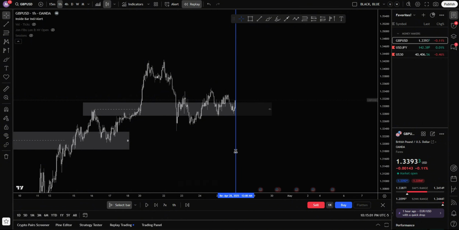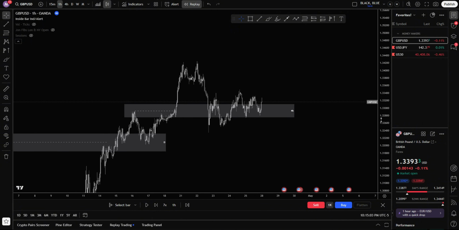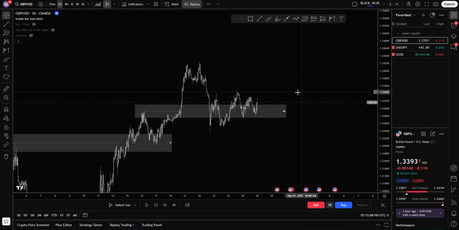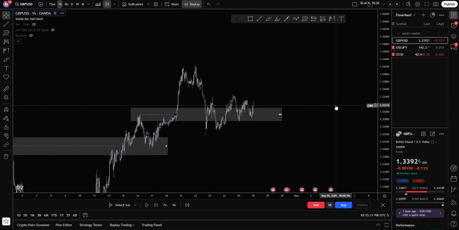So about 1 a.m., I had this reaction off the zone, and I wanted to see buys from this area. Price has been playing around, creating liquidity from the upside to the downside as well. So we have money sitting up here, and we have money sitting down here.